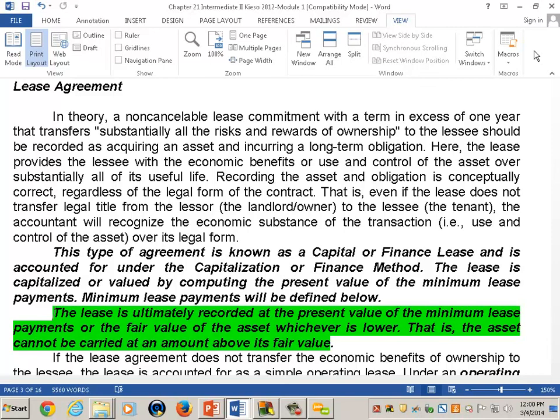Now, there are some advantages to capitalizing, but these are the primary reasons why we keep the asset and the liability off our books. And by the way, with higher net income and lower assets, what happens to return on assets? It goes up. All right, so return on assets will go up too.